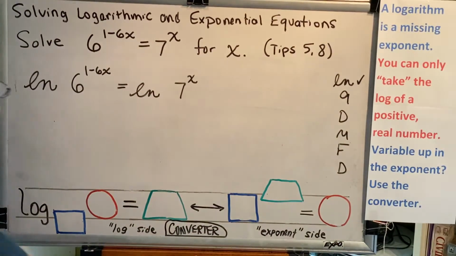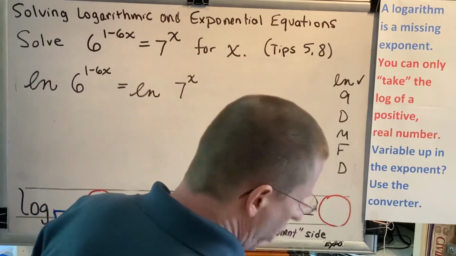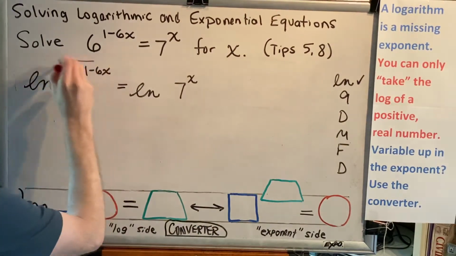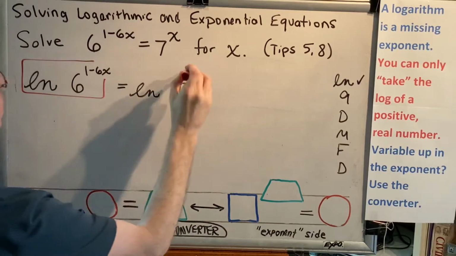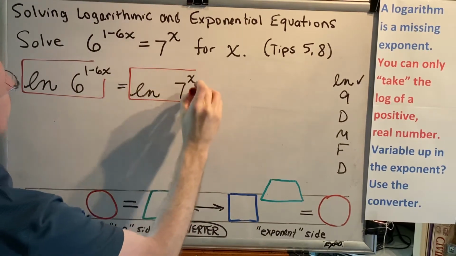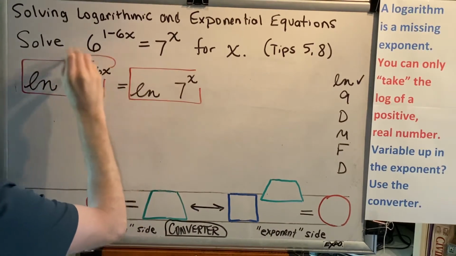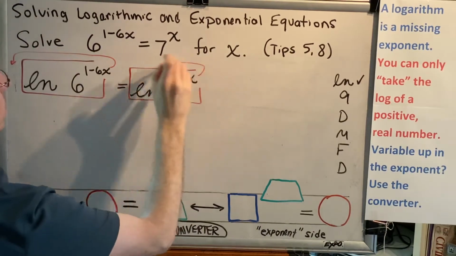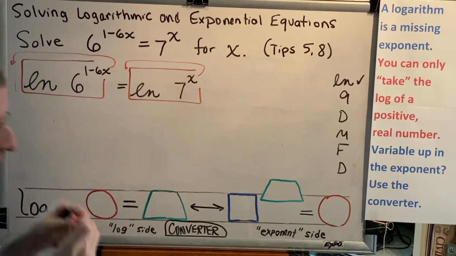Log rule 9 says that when the argument of your log has an exponent, like both of these, you can pick up that exponent and move it to be in front of your log as a factor.